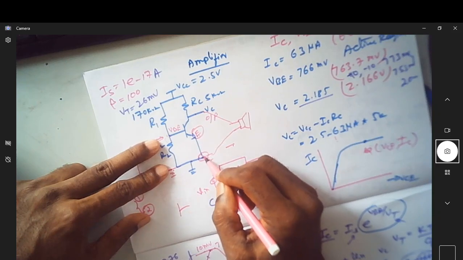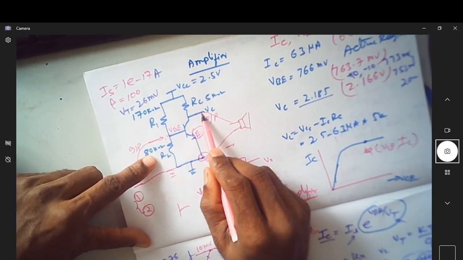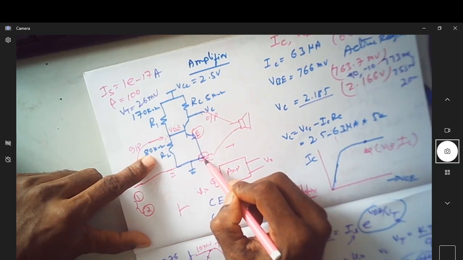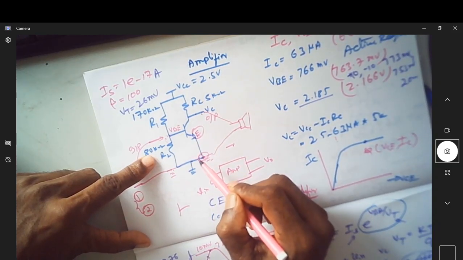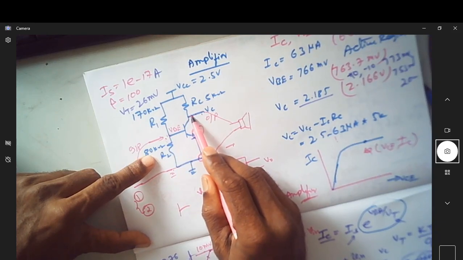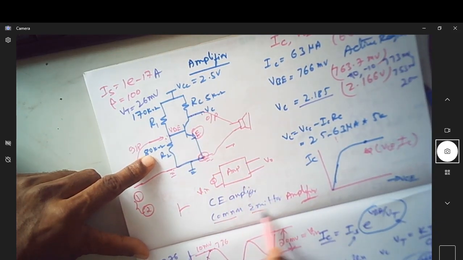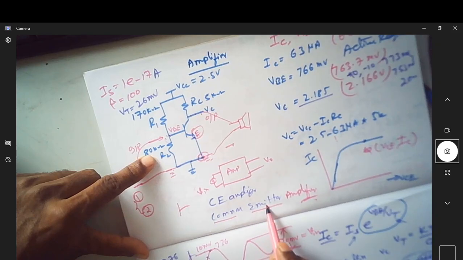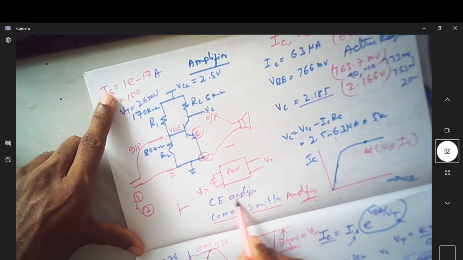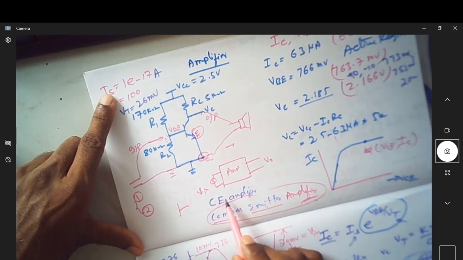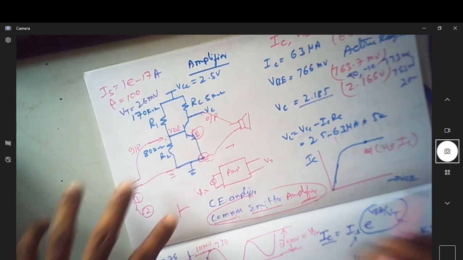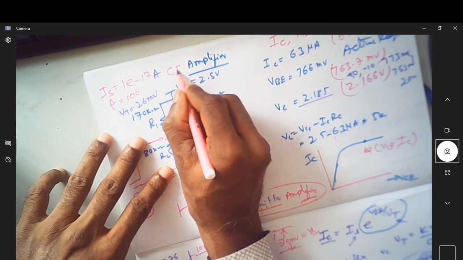Is that emitter common for both input and output? Yes, note here. Since the emitter is grounded and that ground point is common to both input and output, the name comes common emitter amplifier. Emitter is common for both input as well as output. That's why the name of this amplifier is CE amplifier or common emitter amplifier. So this is actually CE amplifier.